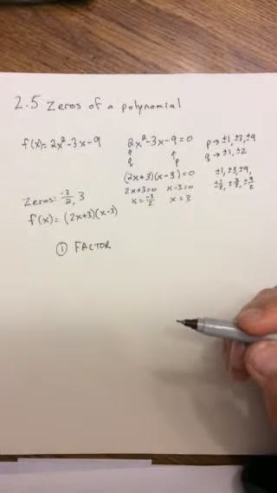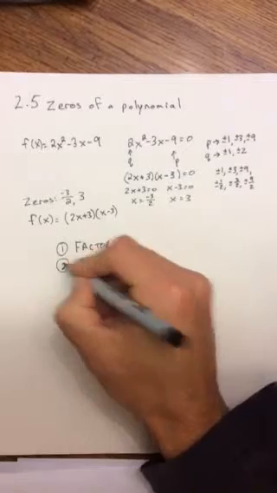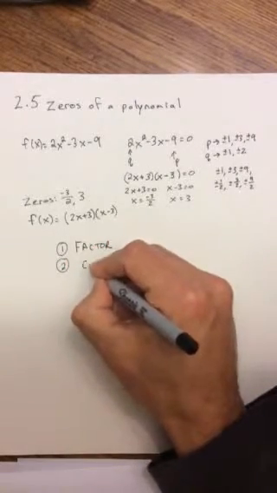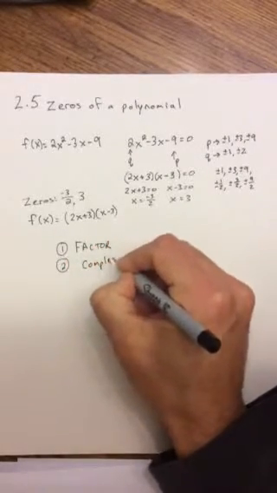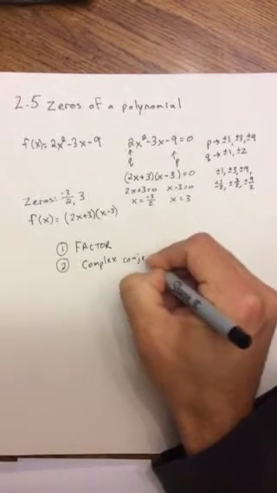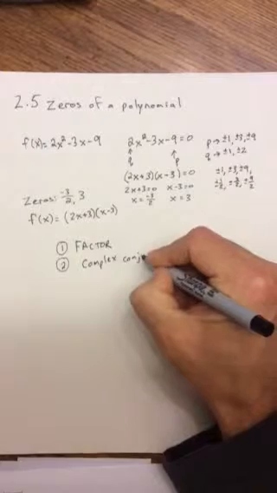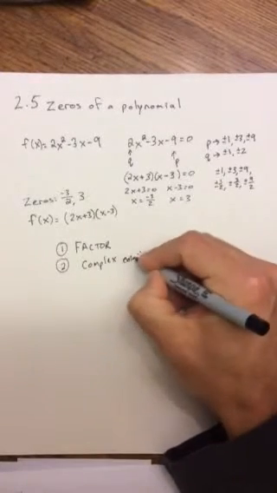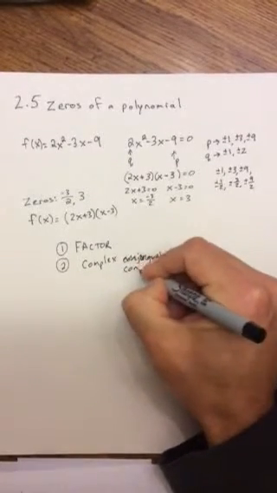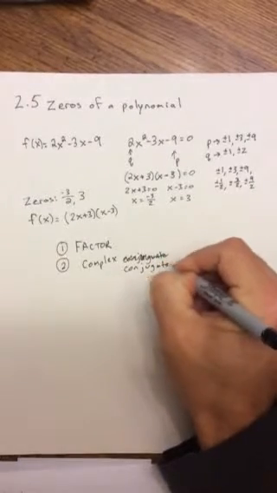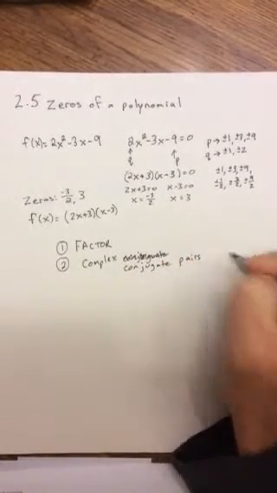Okay? The next thing to know is that zeros can occur in complex conjugate pairs. Okay?